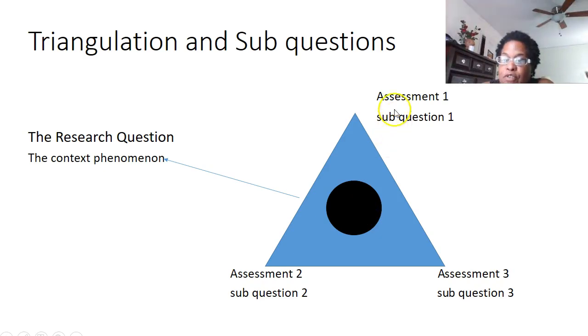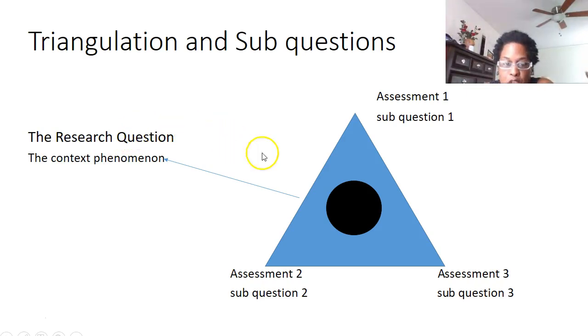After we have our assessments, we look at them in relation to everything we've learned from the literature and from what has happened in the context phenomenon. We can then make conclusions based on the results and tie them back to our understanding of the research question. Does it help? Does it not help? What happened in this study? How does the study contribute back to the knowledge base?